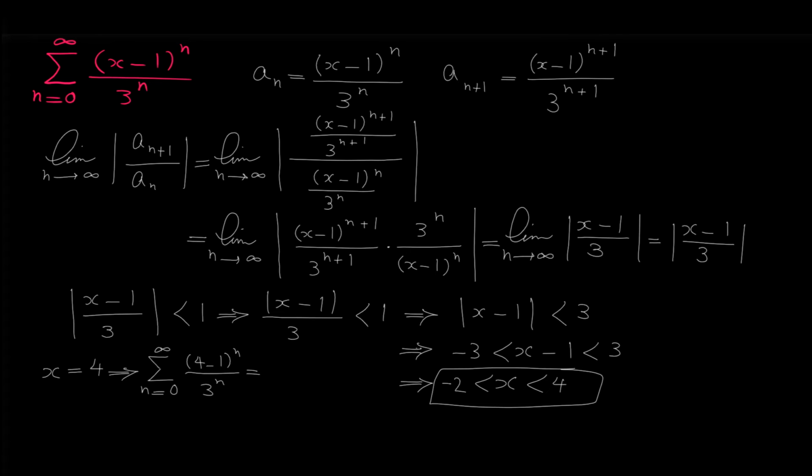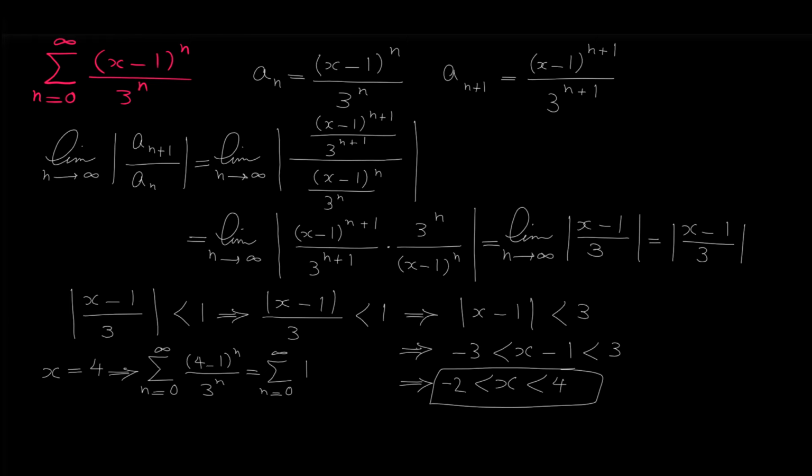So this simplifies to the sum from n equals 0 to infinity of 1. It is obvious that this series is divergent.